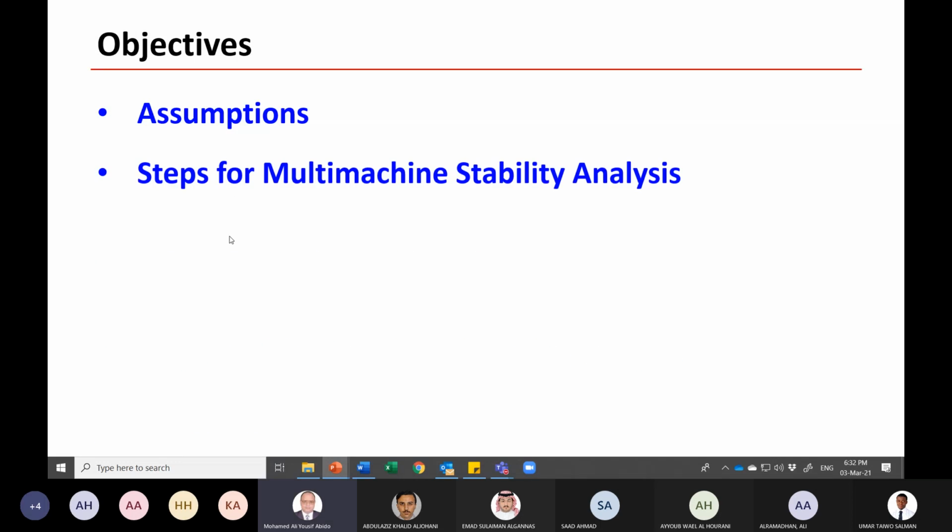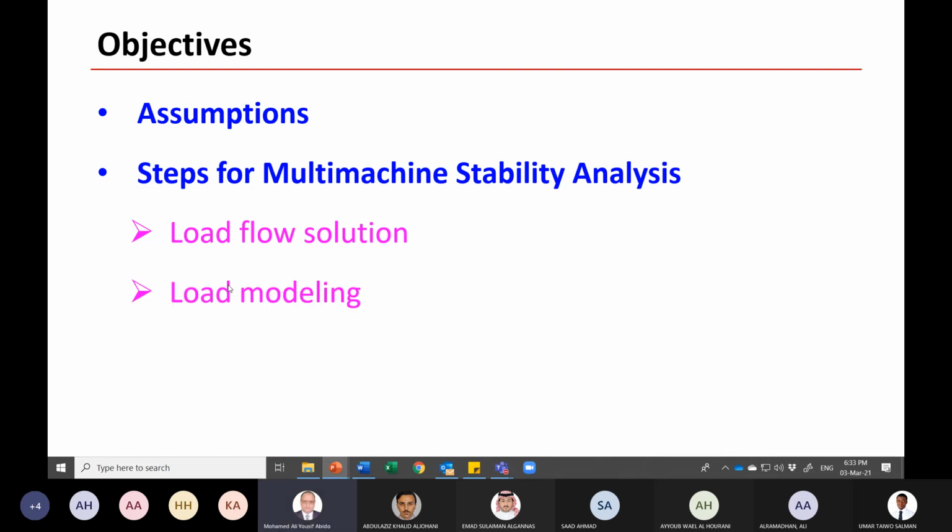Okay. So in multi-machine, we have some assumptions. We didn't stop for Maghrib prayer, but I think we have only 3 minutes or so. Then we can go through the steps for multi-machine stability analysis. We will see the steps from where we can start and how to handle different components.